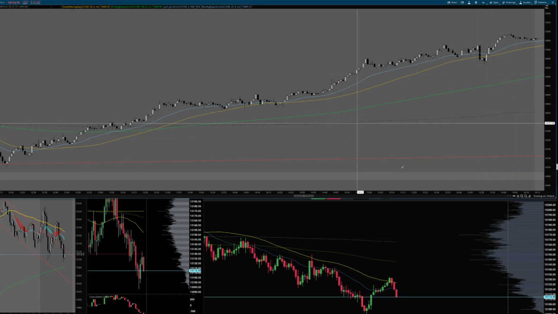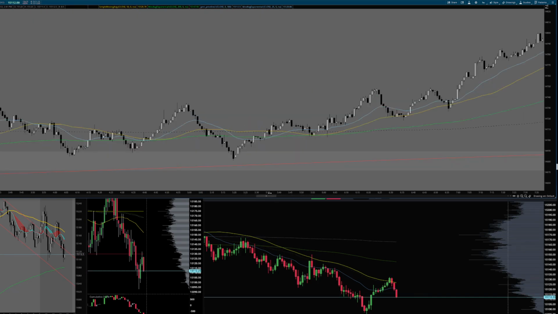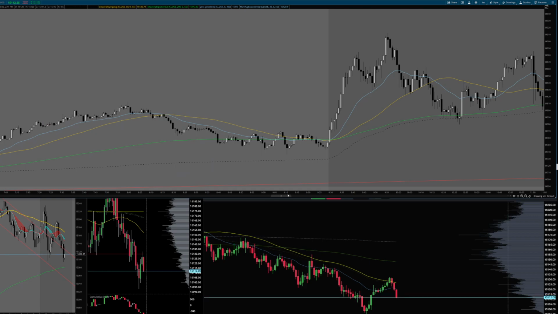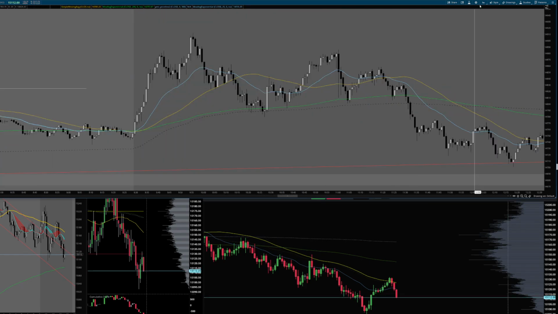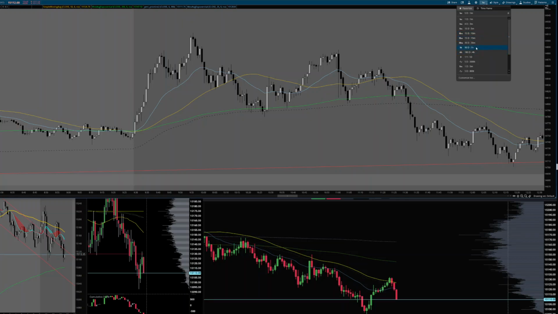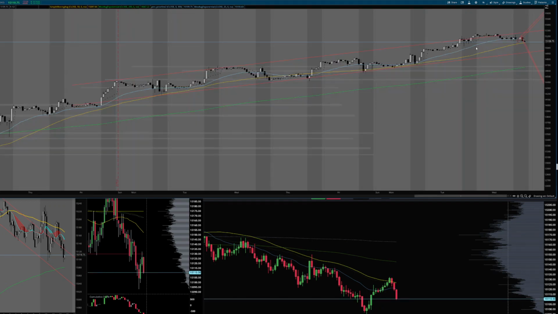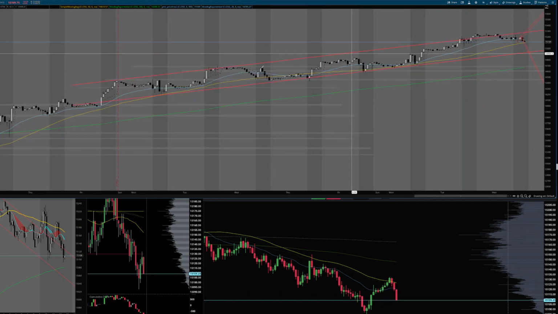And another thing you need to do, that helps, is you also need to look at the bigger time frames. Like I usually look at the 1 hour. Okay, let's start with 1 hour. So this is a 1 hour.